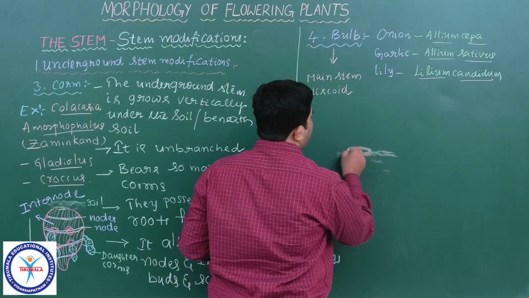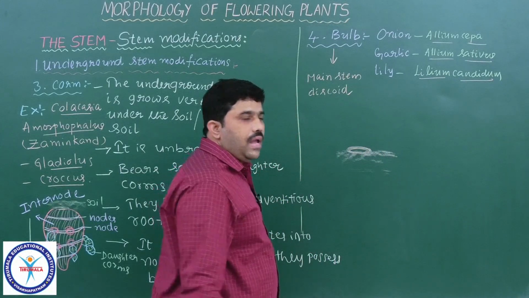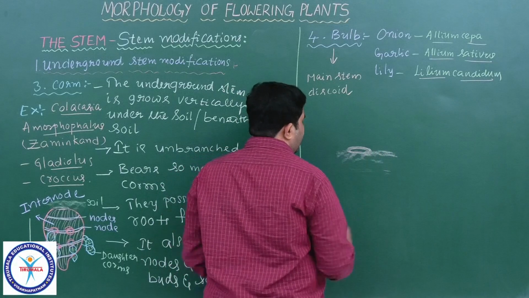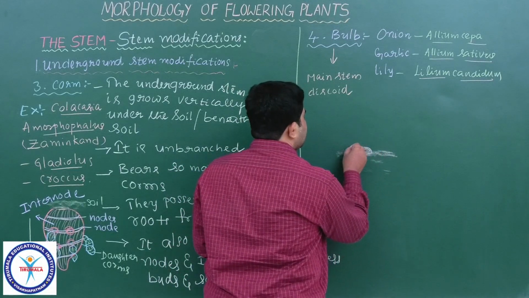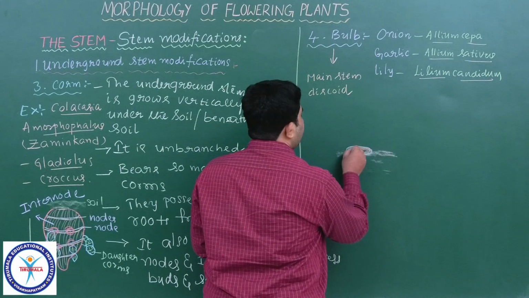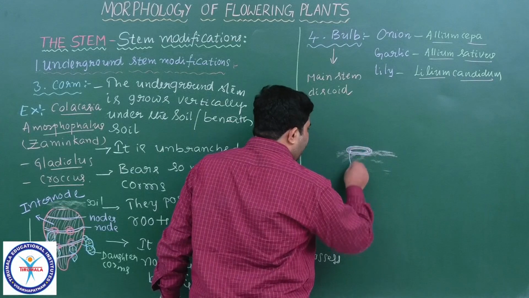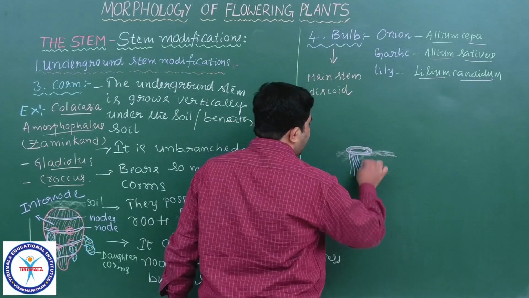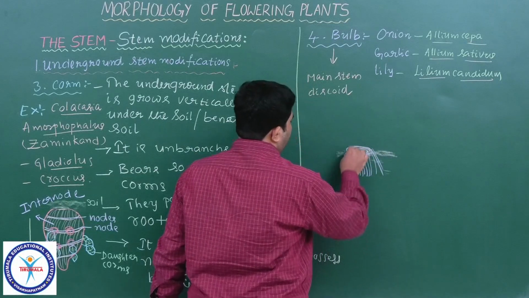The stem is turned into a plate-like structure. The stem is not vertical; it is modified into a small disc-like or plate-like structure. From this discoid stem we are expecting a large number of adventitious roots to develop and percolate into the soil.